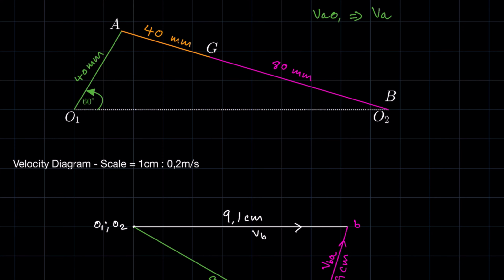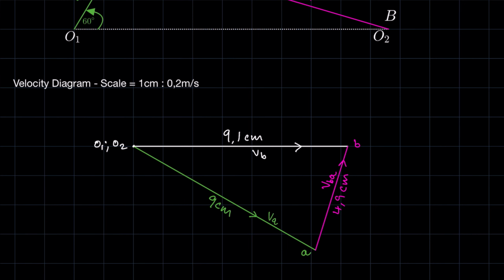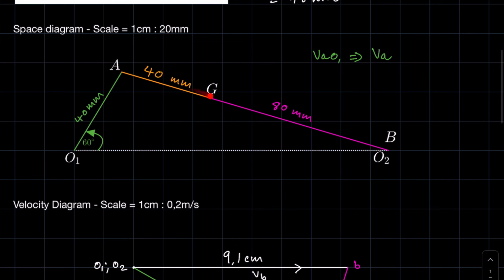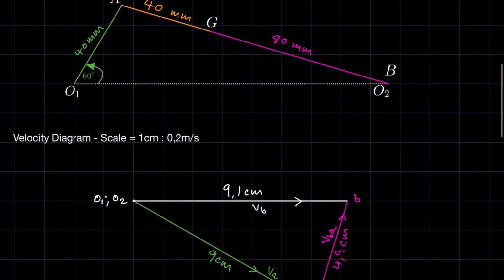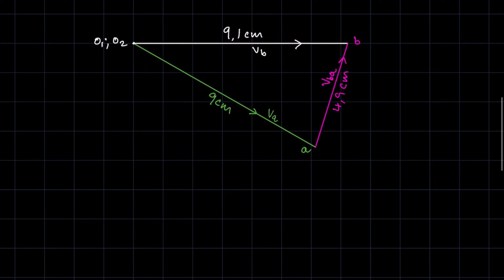So you would need to get point G on the velocity diagram as well. On the space diagram, point G is within link AB, so even on our velocity diagram, point G will be on the vector AB. So it should be somewhere here. Point G from A will be somewhere there.